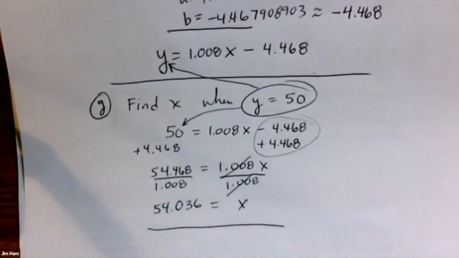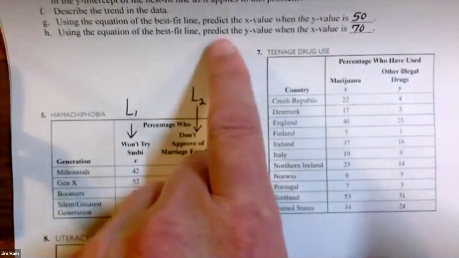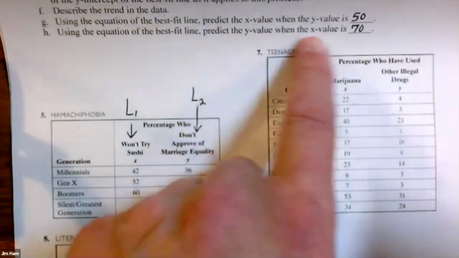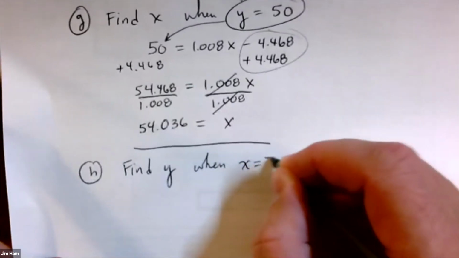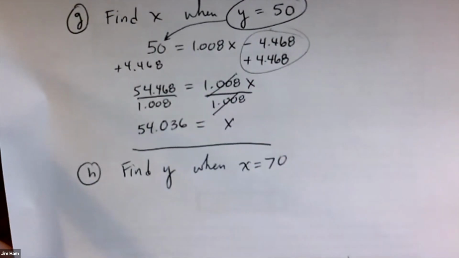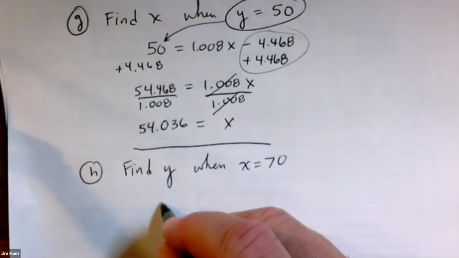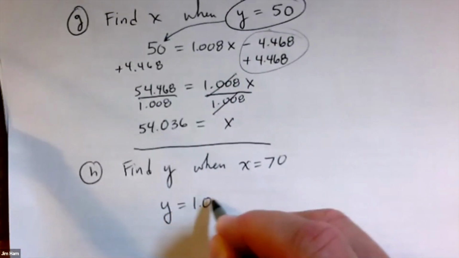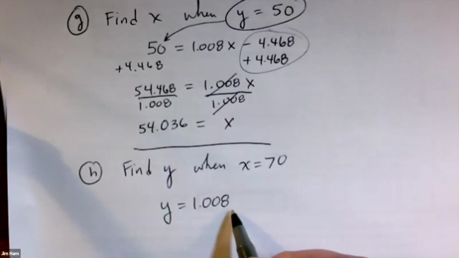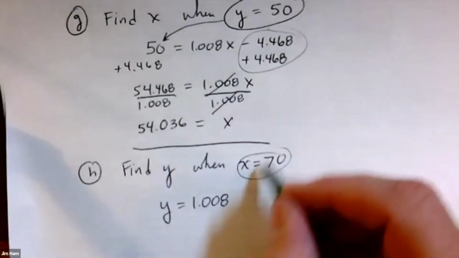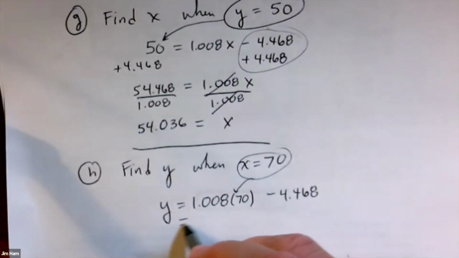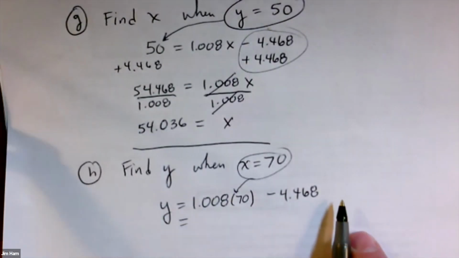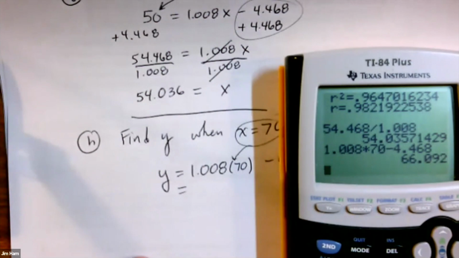The other one's a little different, because in this one, we're going to predict the y when the x value is 70. We'll find the y when x equals 70. Turns out that this one's even a little easier, because we're going to start with our equation, 1.008, but instead of writing x, we're going to write the value that x is equal to, 70. And for this one, all we have to do is to punch this into the calculator and evaluate, 66.092.